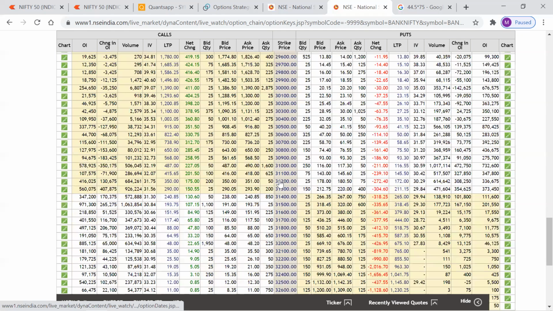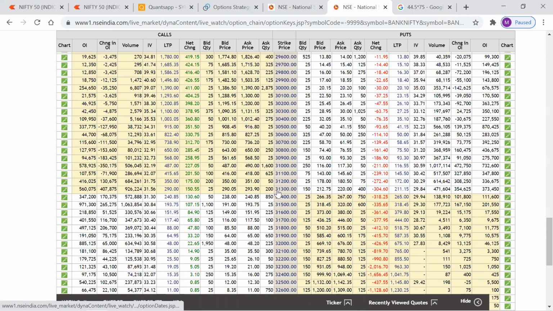Strike price is nothing but 31,200 or 31,100 or 31,000, 30,900, 30,800, 30,700. All these are strike prices. Okay. Spot price is nothing but the price which is closer to the last traded price of Bank Nifty here. Okay. So 31,300 or 31,400 are spot prices, and all the remaining are strike prices.